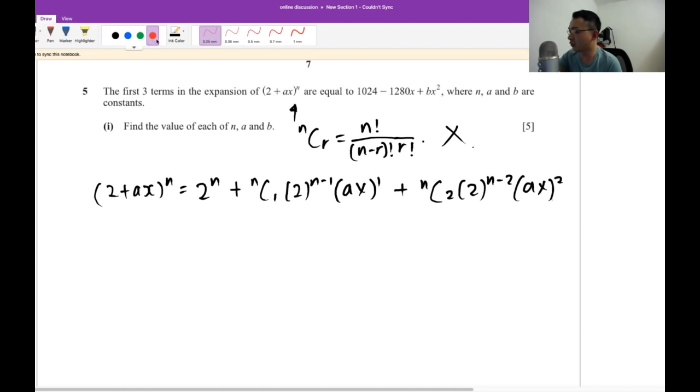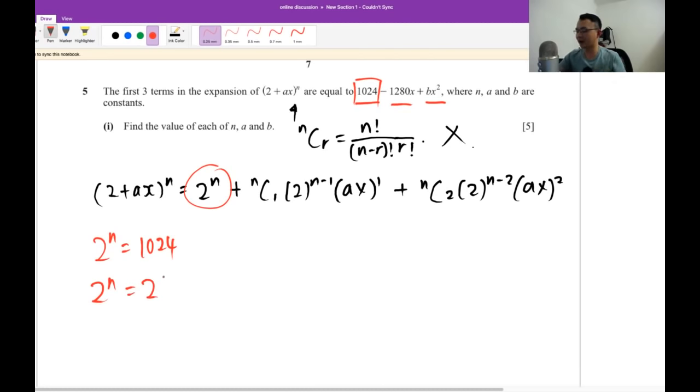And then what I will do is compare with this one. This is x to the power of 1, so that means this 2 to the power of n should equal the first term here, 1024. So I know 1024 basically is 2 to the power of 8. Oh no, I think it's 9. 2 to the power of 9. No, 10.